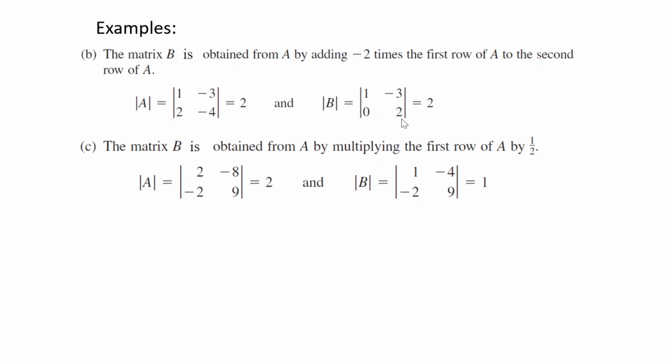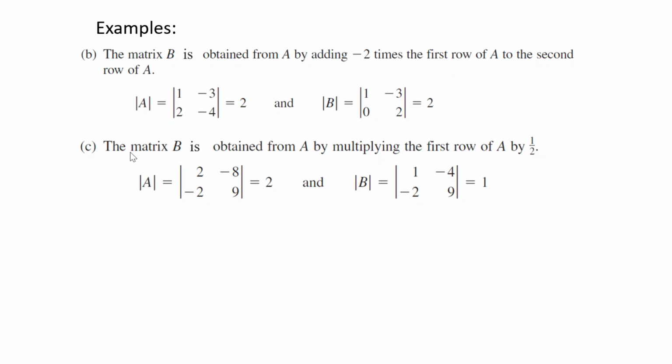And for matrix B, the determinant is also 2. So the determinant of the original matrix and the new matrix, which is formed by adding a multiple of a row to another row, is just equal to the original one.